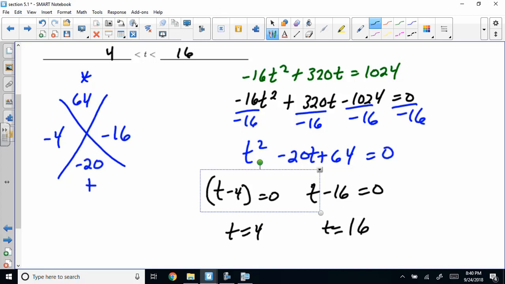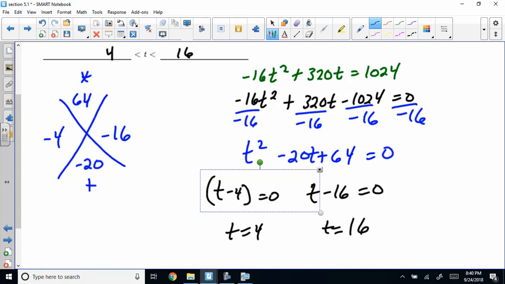Now we shot this from the ground, right? So what's the spread between 4 and 16? 12. Half of that is 6, so the x value of the highest point is 10. How did I do that?